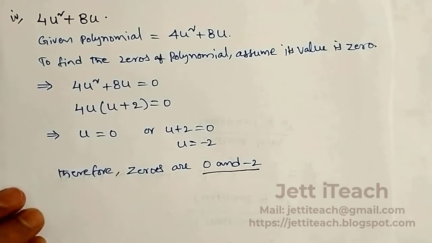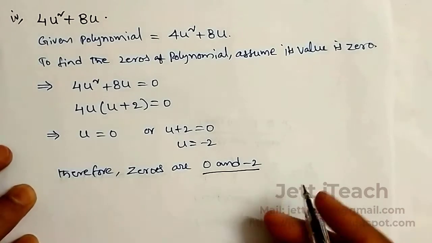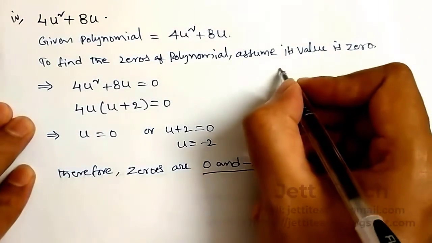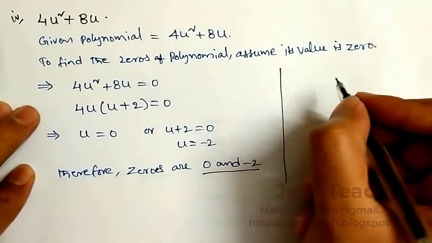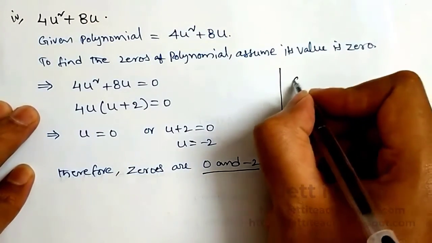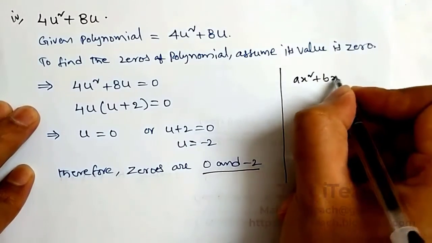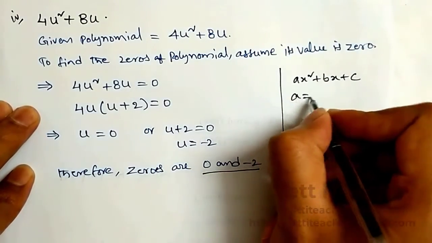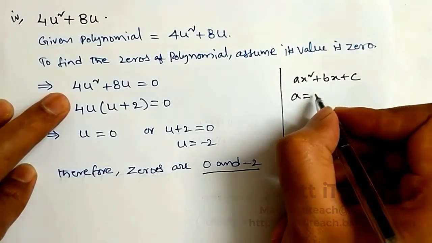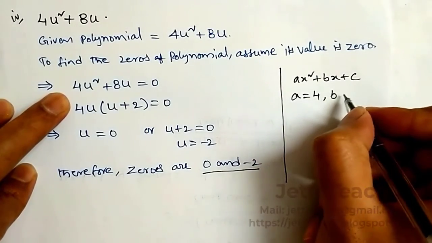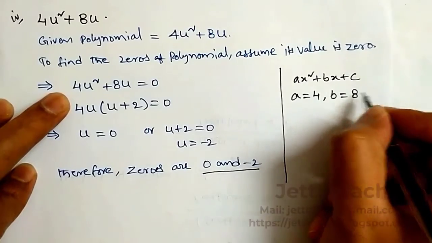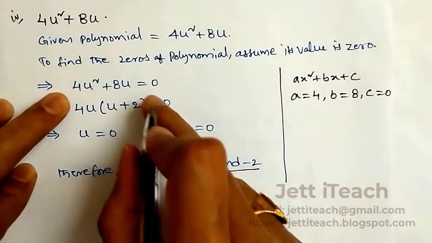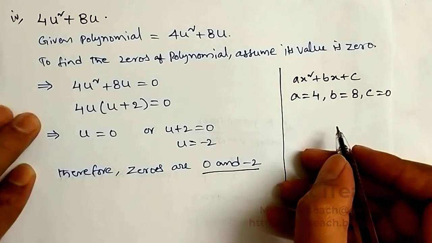Now we can find the sum of zeros and product of zeros. Before that I will write the sum of zeros and product of zeros by using the formula. The general equation is ax square plus bx plus c, right? A equal to 4, b is 8, c is 0, because there is no constant term.